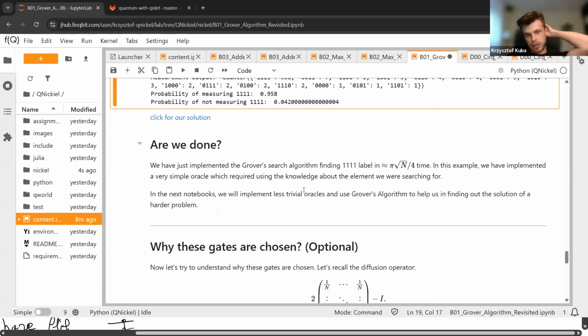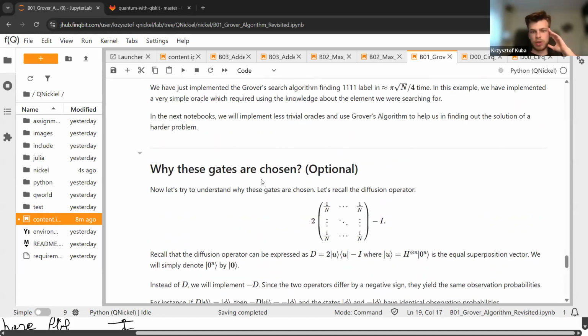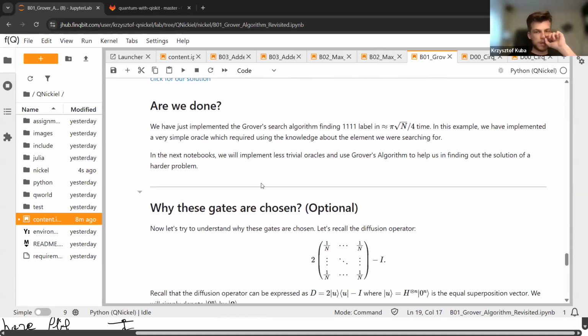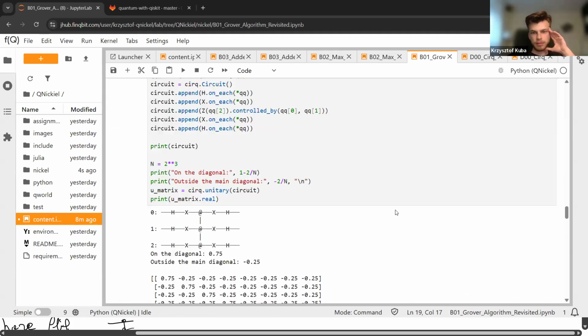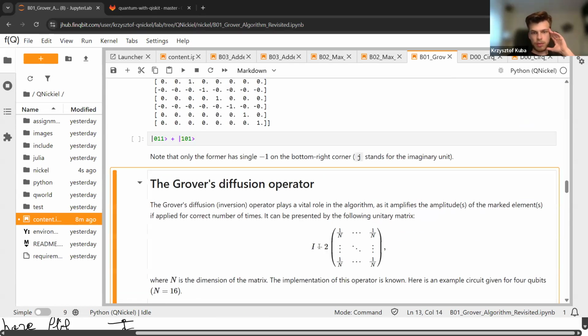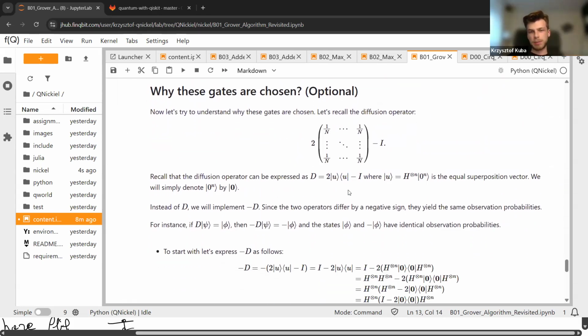Yeah, and this section here actually is a little bit of a derivation of what I was trying to show you before. So we were implementing this 1 minus 2, and here is the reverse explanation.